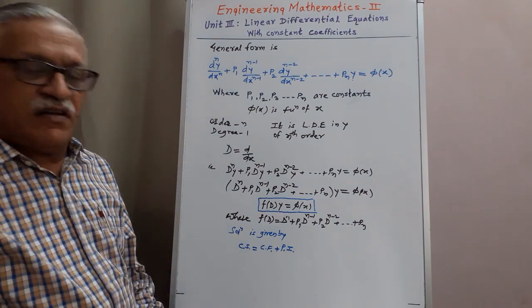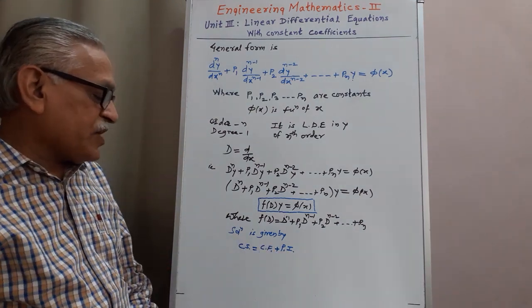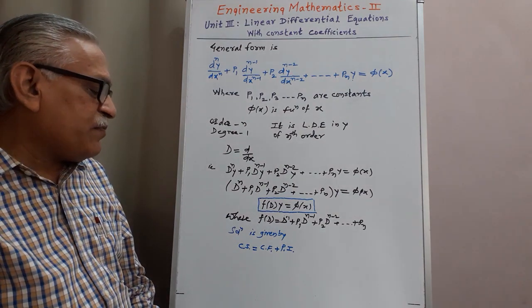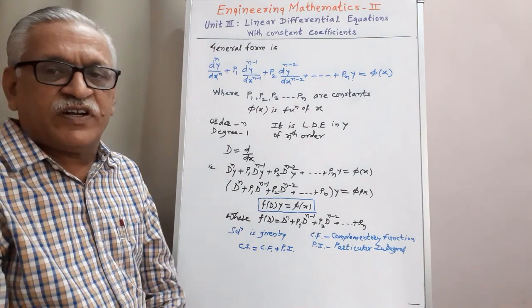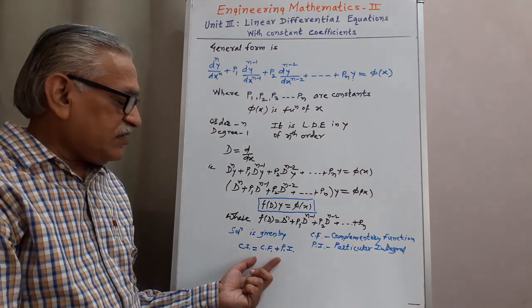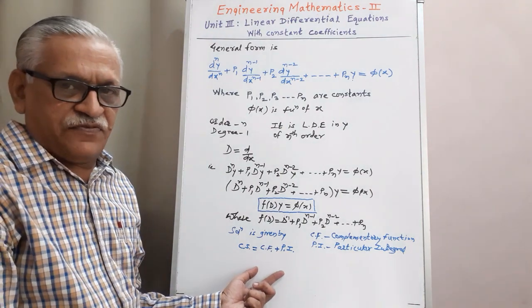It is a sum of two terms, CF the complementary function and PI which stands for particular integral. In today's video I will discuss how we can obtain the complementary function CF.